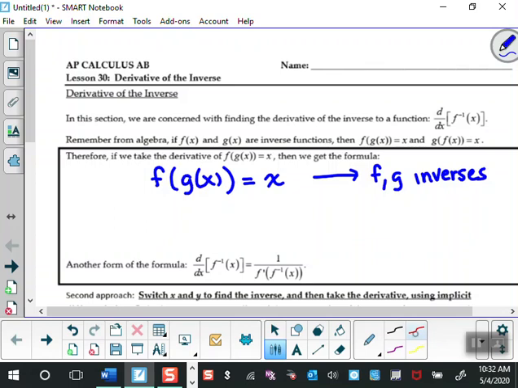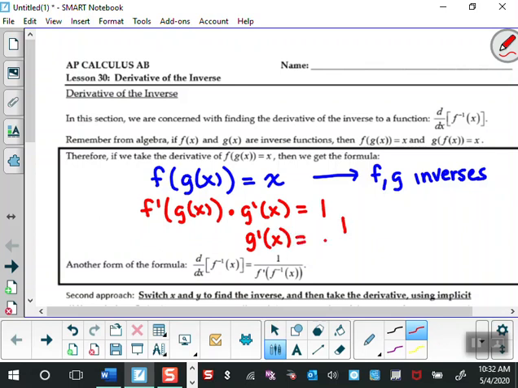Now, if I take the derivative of this using chain rule, f prime of g of x times g prime of x would equal 1. That's me taking the derivative with respect to x. And so all I have to do then is a little dividing. g prime of x is 1 over f prime of g of x.